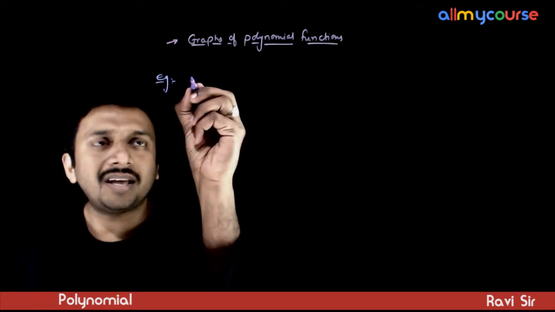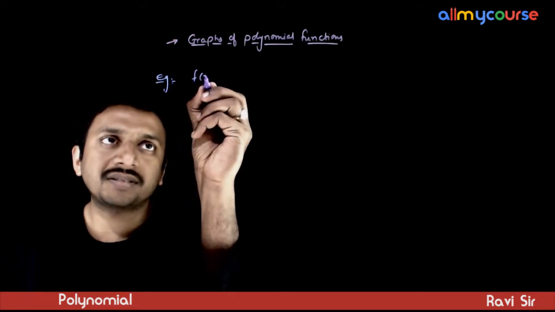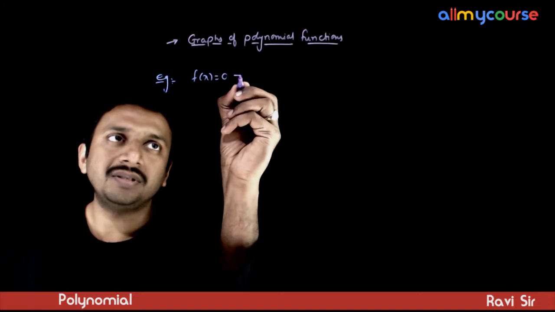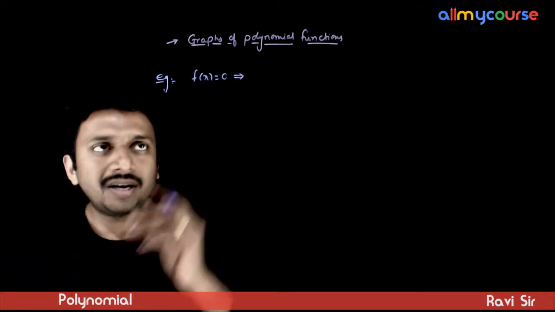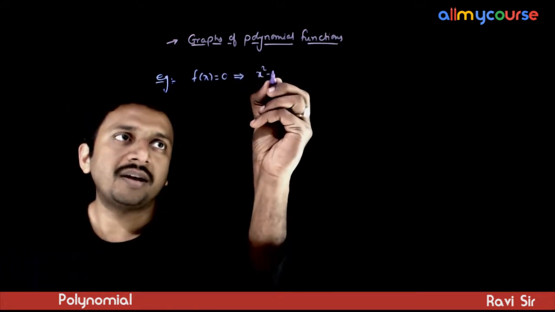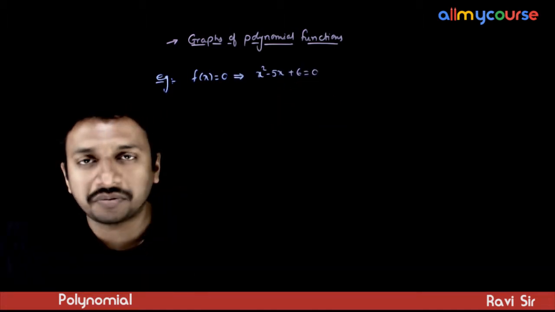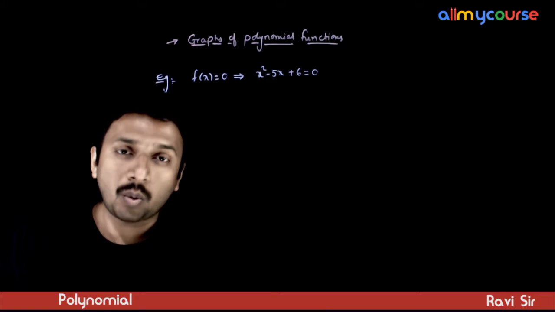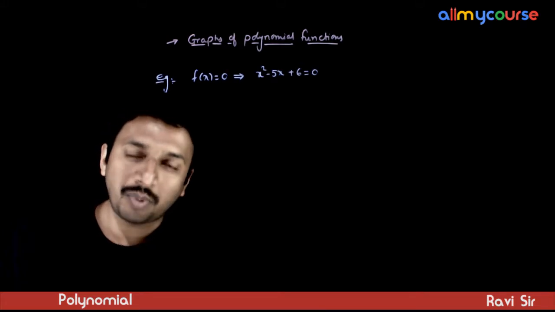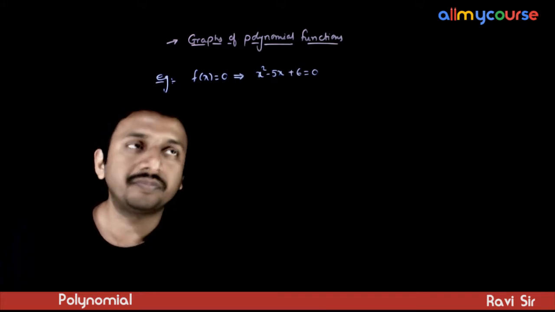Let us take a polynomial equation f of x is equal to 0. For example, x square minus 5x plus 6 is equal to 0. This is a quadratic polynomial equation.